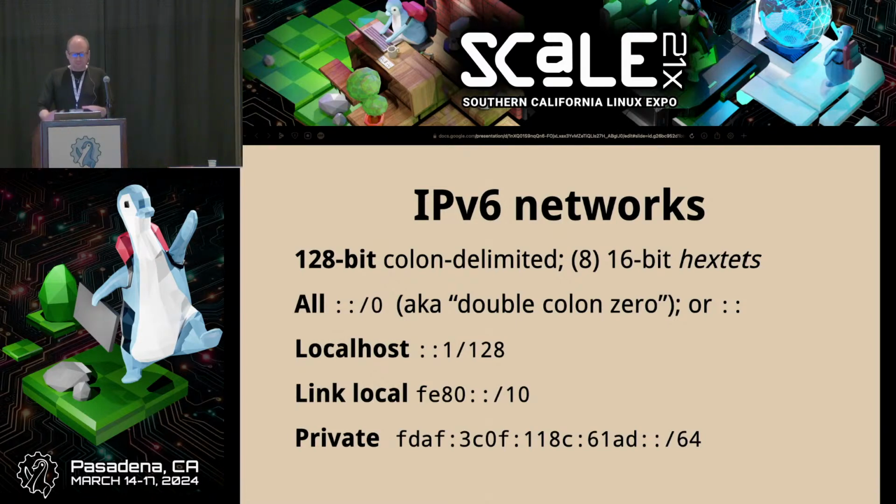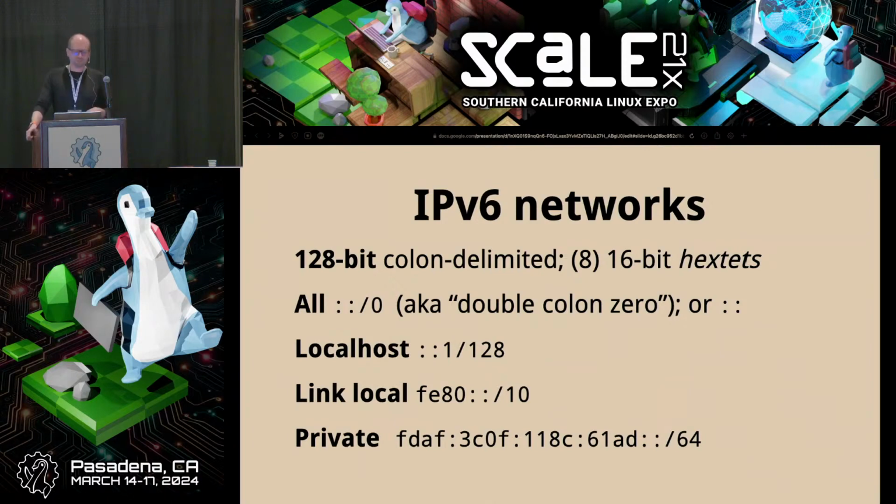But the private address space is a very specific thing that's a little more tricky. This is also an auto-config address space. I won't go into it right now, but just to put some words in your ears, the IPv6 equivalent of DHCP is called SLAAC, which is stateless auto-config.